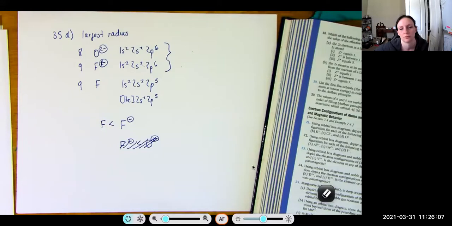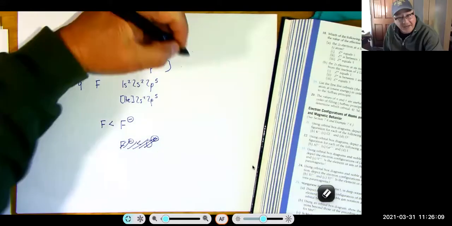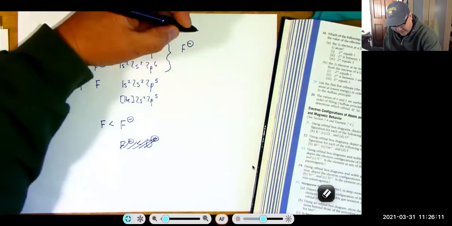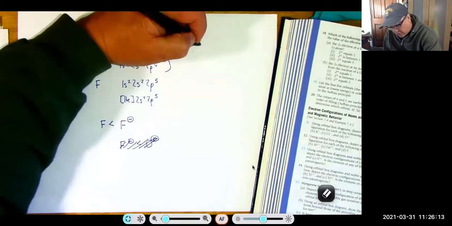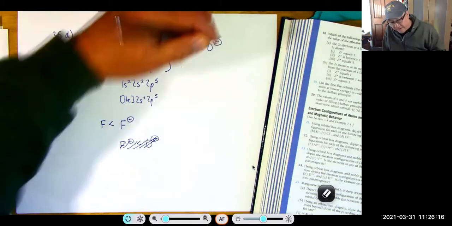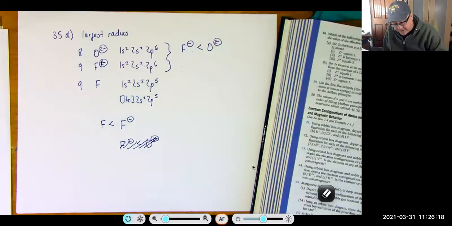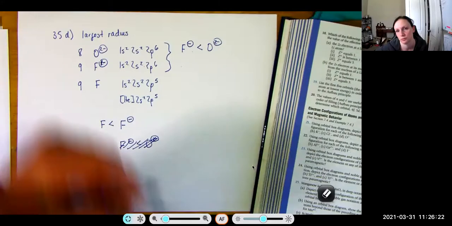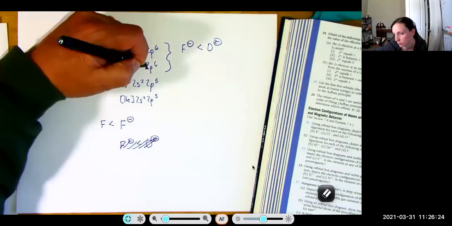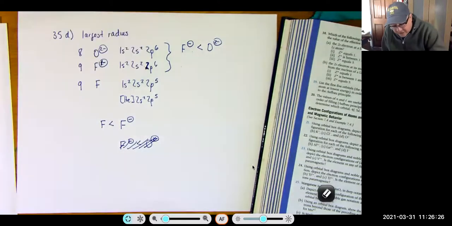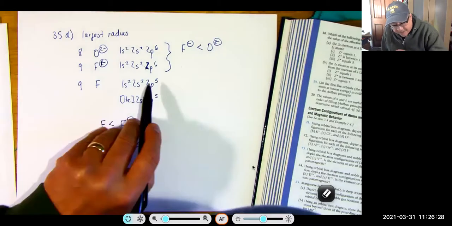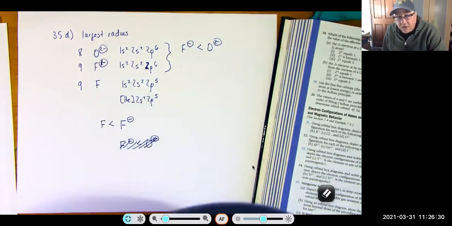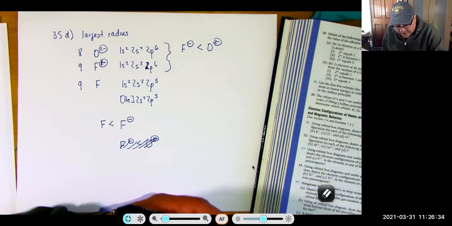Fluoride. Fluoride is going to be smaller than O2 minus, like I was saying down here, but what's the explanation? Because it has a stronger attraction due to more protons. Yeah. And here, when we're comparing O2 minus and F minus 1, it seems like we're comparing apples and oranges, but look at how many electrons each has.